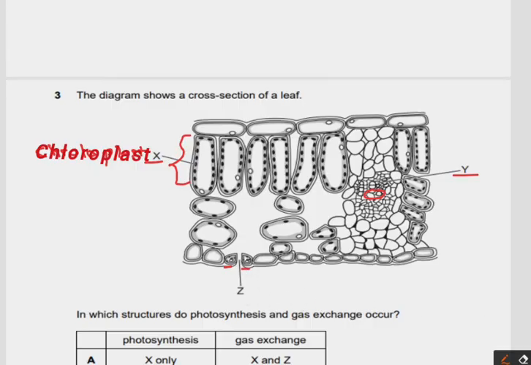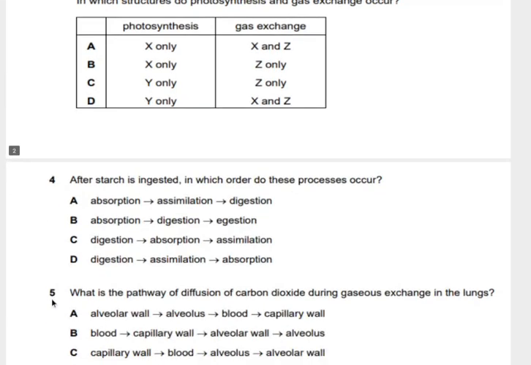So let's see what this question has. It is saying, in which structures do photosynthesis and gas exchange occur? Alright, so here we have X, that is for photosynthesis. Of course, X is representing the chloroplast. Then what about the gaseous exchange?